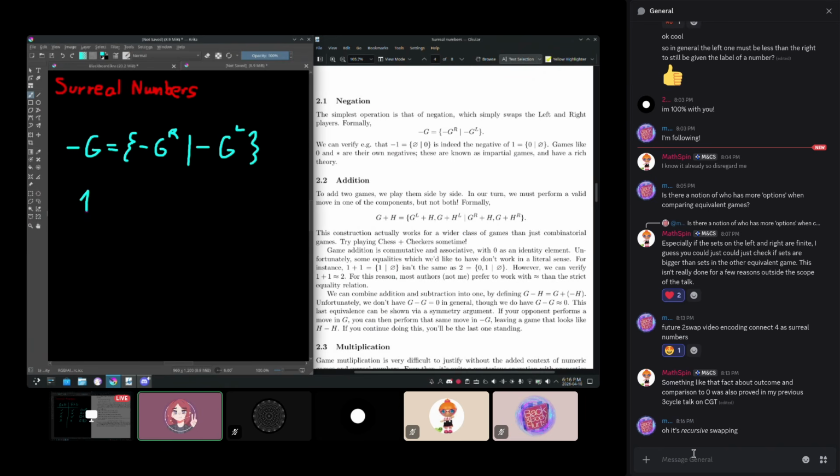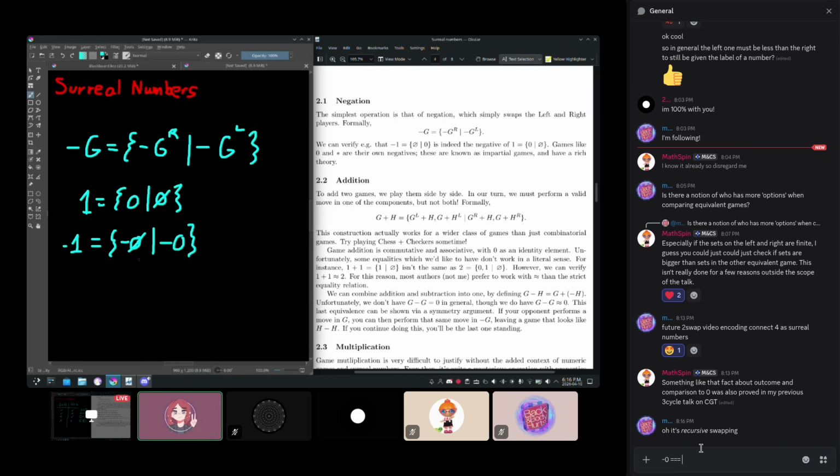So for instance, we had already seen that 1 is this game: 0 for the left set, empty set for the right set. So the negative of 1, what's that going to be? Well, the first thing we do is swap the left and right sets. But we also have to negate everything in both sets. So it's going to be the negative of the empty set, and then the negative of 0.